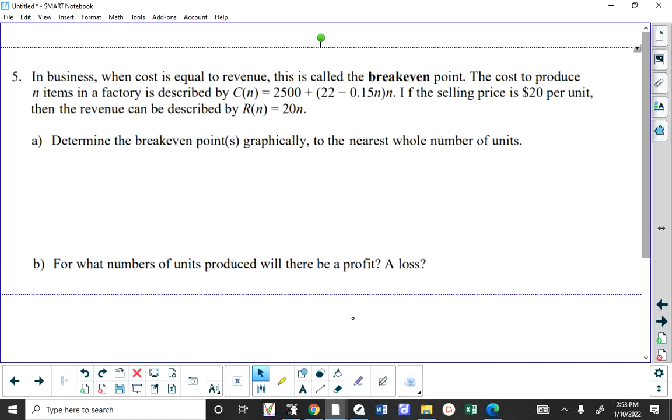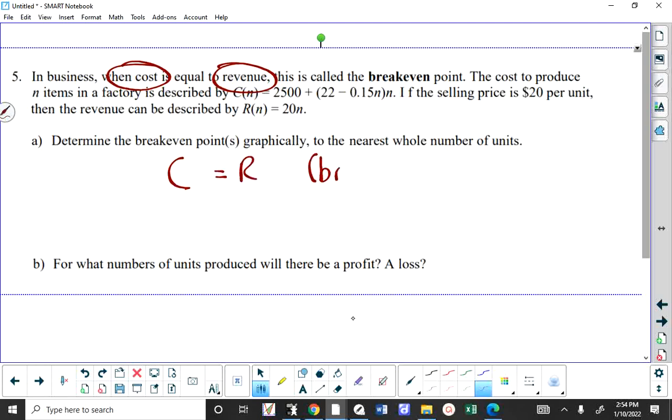When the cost that the business person pays equals the revenue, the money they bring in, that's called the break-even point. If you're running a business for the first time, in the first year, you hope to break even. If your cost equals your revenue, that's break even.